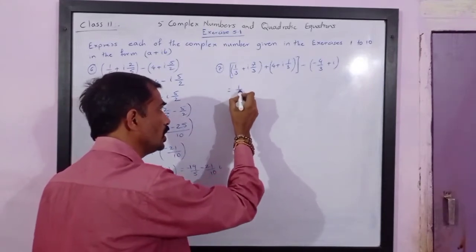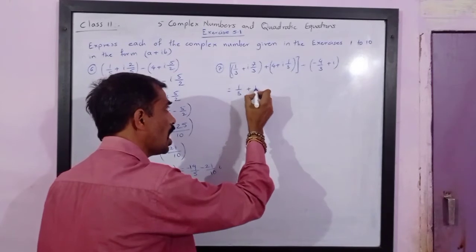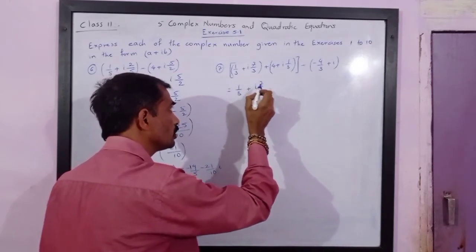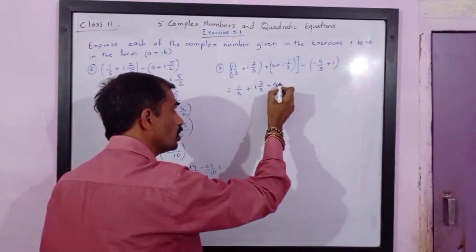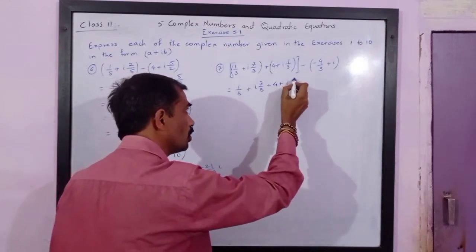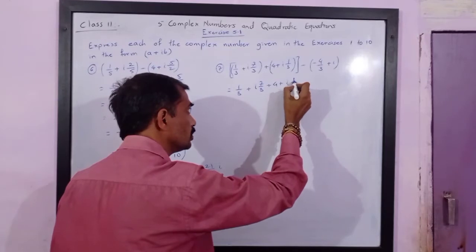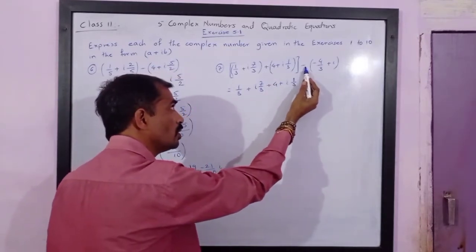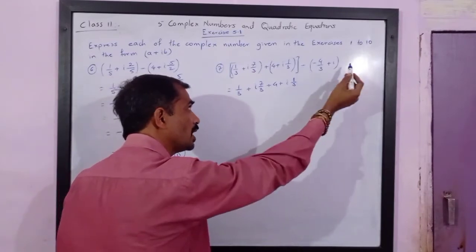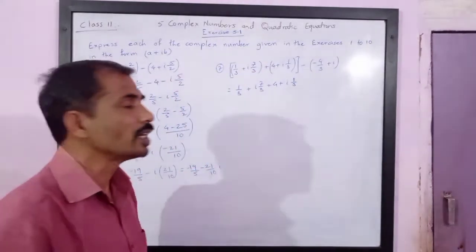This is 1 upon 3 plus i into 7 upon 3. This is plus, so this bracket can be opened as it is 4 plus i into 1 upon 3. This is 1. Please note, this is negative outside the bracket. It means this negative sign is applicable for all the terms inside the bracket.